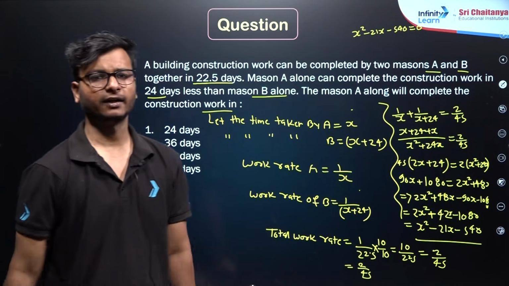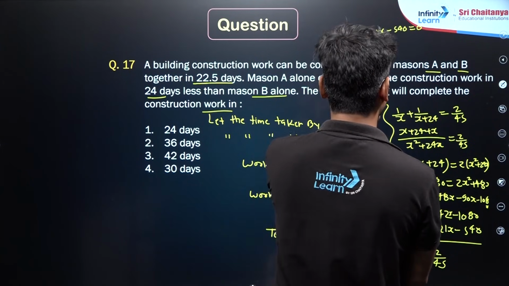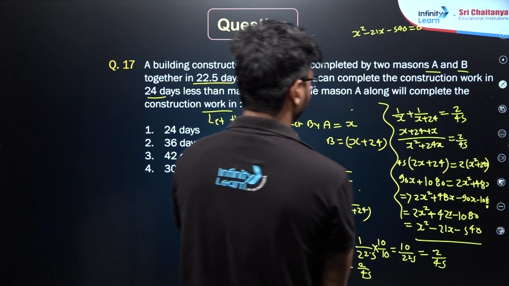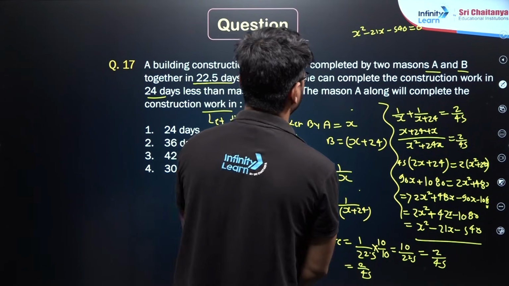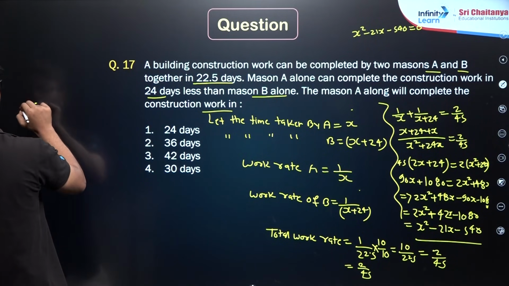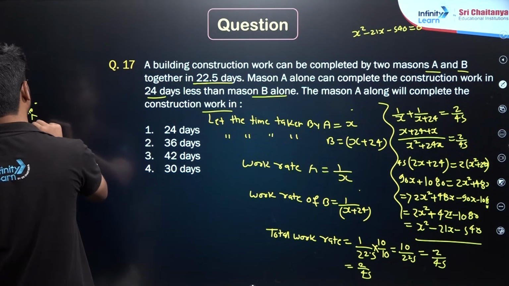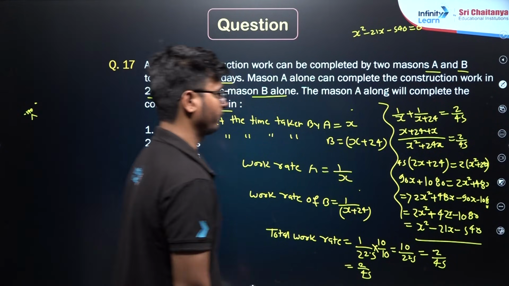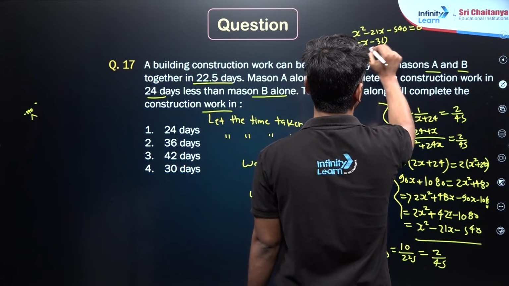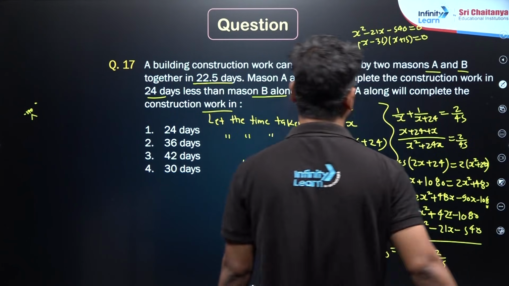Now we have to find the roots of this equation, correct? If you find the roots, for minus 540 it will be 36 and 15. So I can write this as x minus 36 and x plus 15 equals 0.